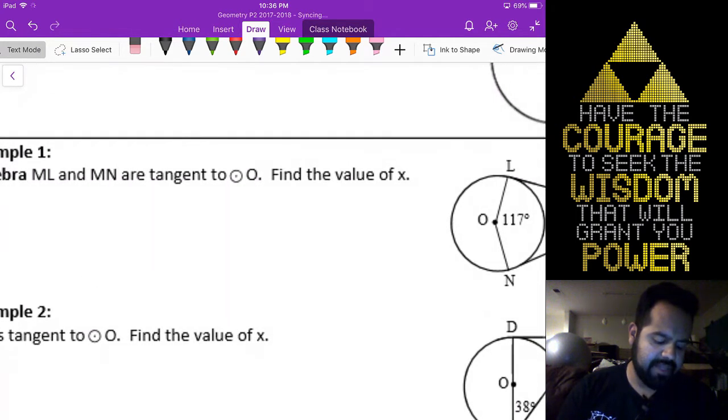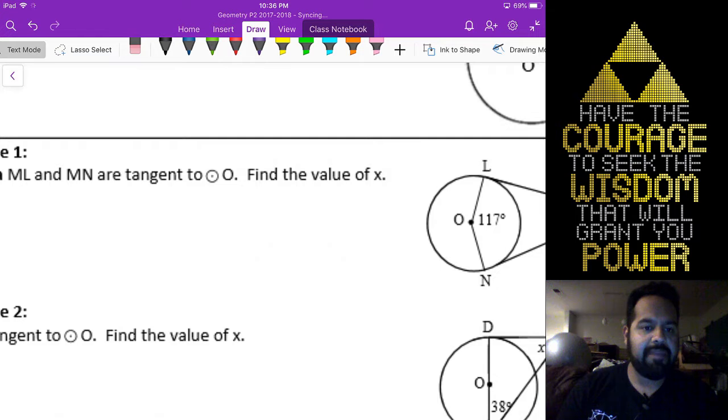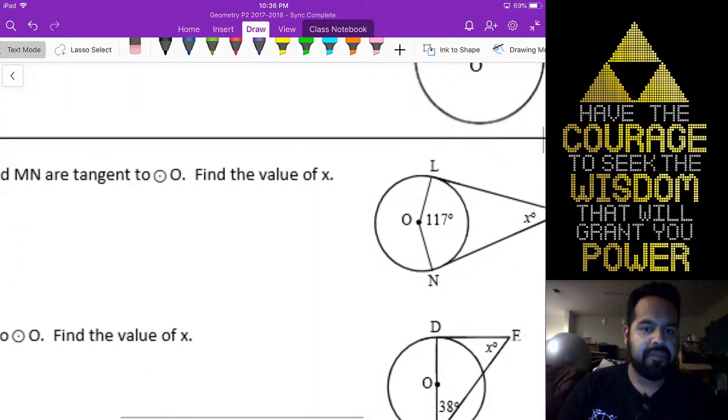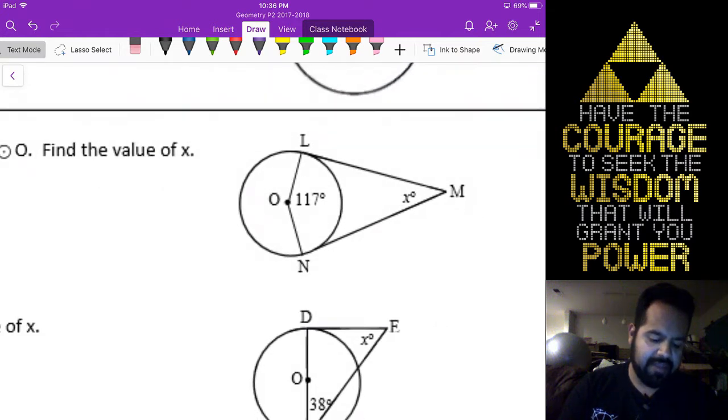So in example 1, we know that ML and MN are tangent to our circle. So right away I know, hey, these two spots here form right angles. I wish to find the value of x. The overall shape that's going on here is a quadrilateral.